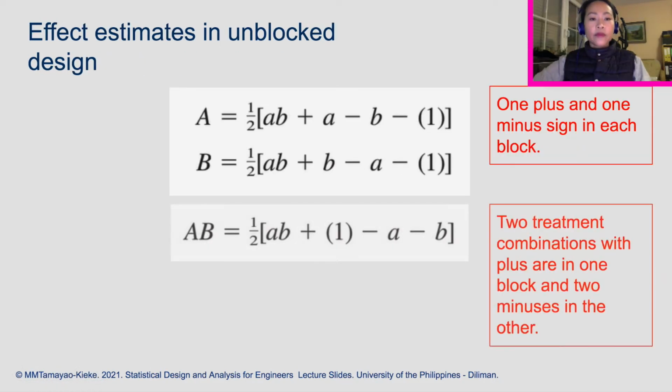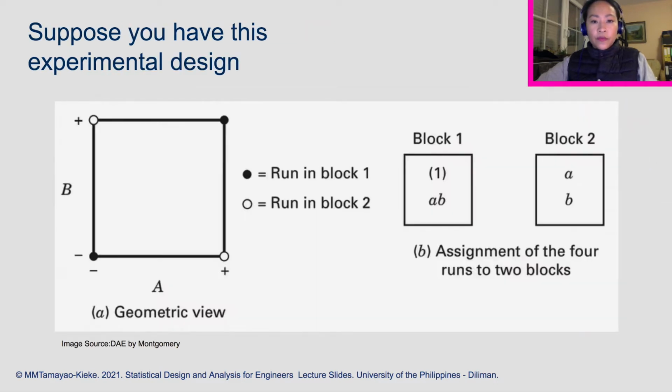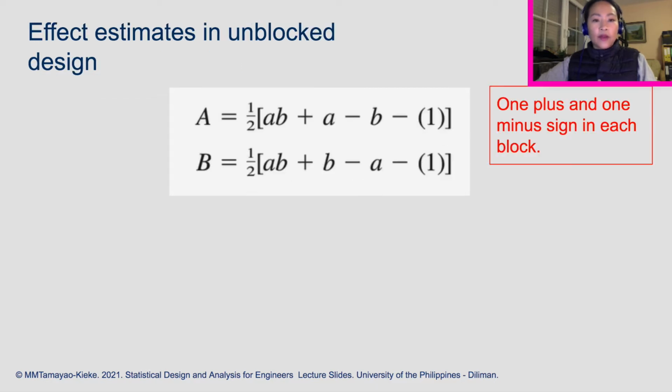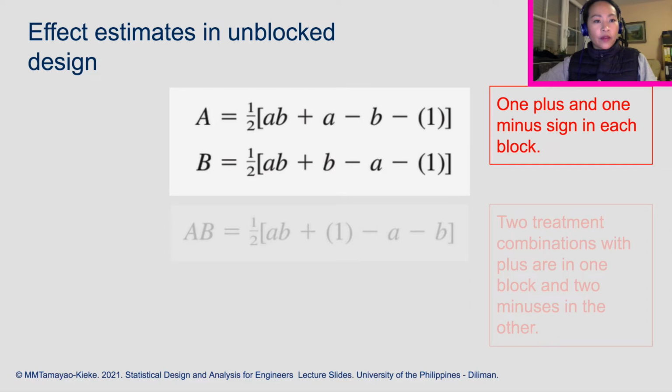If you refer to the block assignment that I showed you earlier, you will notice that in these equations, there would be 1 plus and 1 minus sign in each block. For example, remember that in block 1, you have 1 and AB, and in block 2, you have A and B. In this equation, you have a plus sign for A and a minus sign for B, and the same is true with the equation for the effect estimate for factor B.